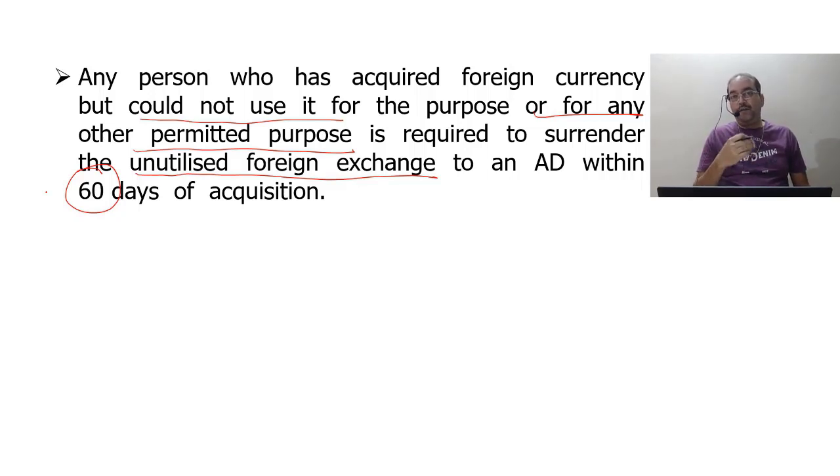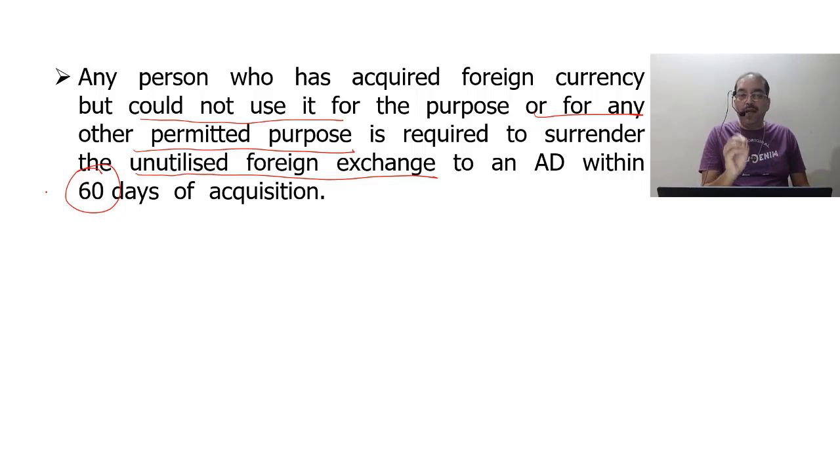Acha. Suppose I have taken the 5,000 Singapore dollars in the form of traveler's checks, spent only 4,000 out of that, and the remaining 1,000 is also in the form of traveler's checks.